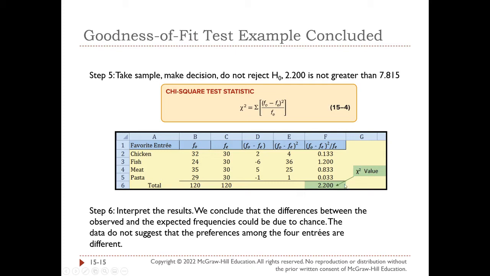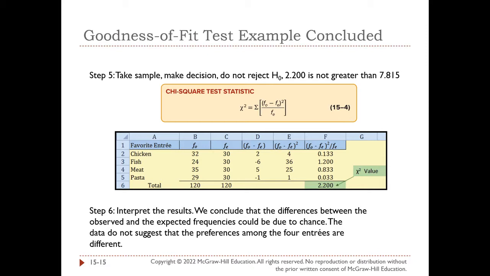Alright, after they calculated, 2.2 is our chi-square value. It is not greater than 7.815. So, interpreting the results, we conclude that the difference between the observed and the expected frequency could be due to chance. The data does not suggest the preferences among the 4 entrees are different.